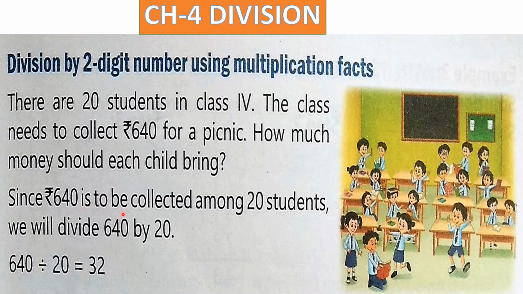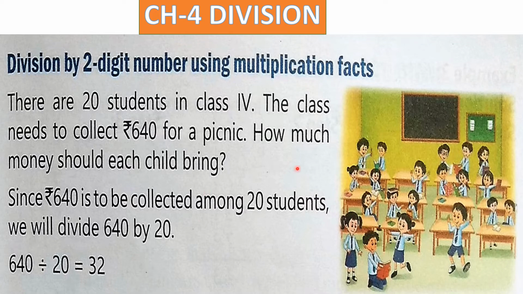Since 640 is to be collected among 20 students, we will divide 640 by 20, because 20 students are there and the total amount is 640. So 640 divided by 20 is equal to 32. That means each will bring 32 rupees.